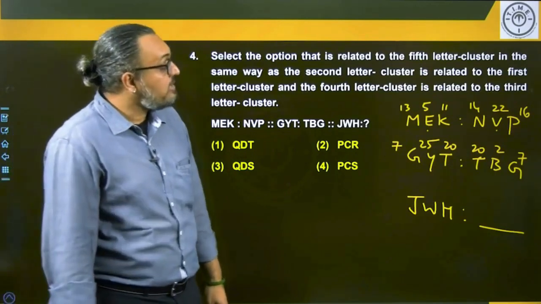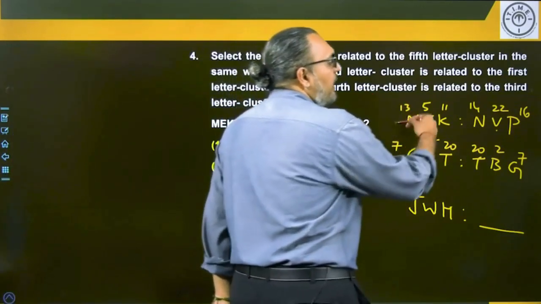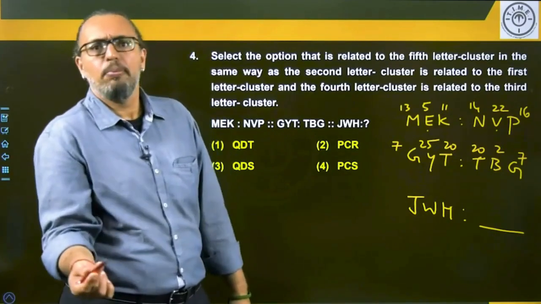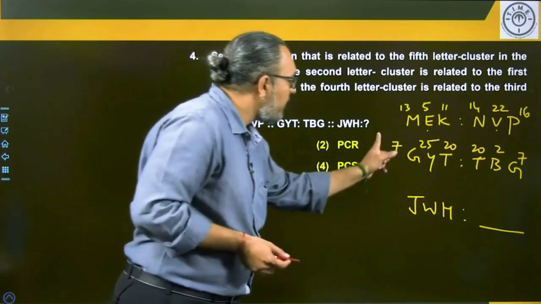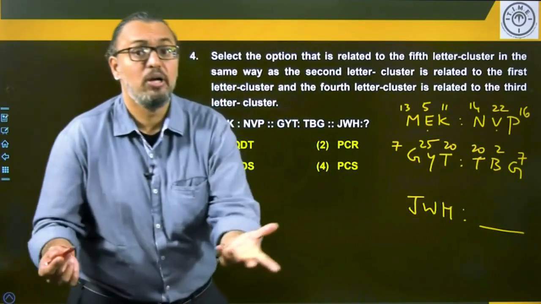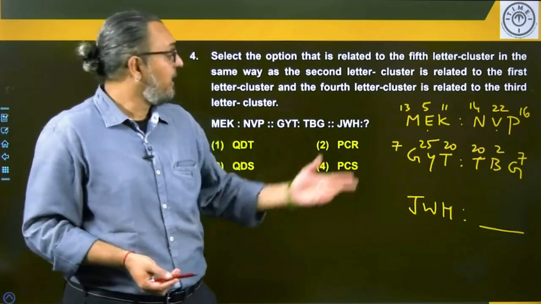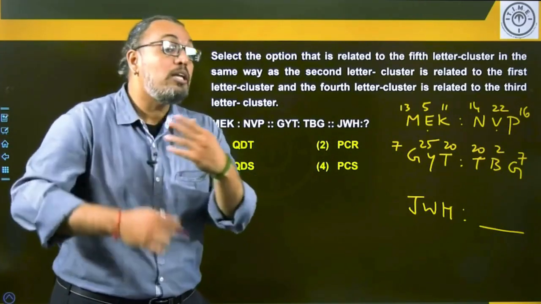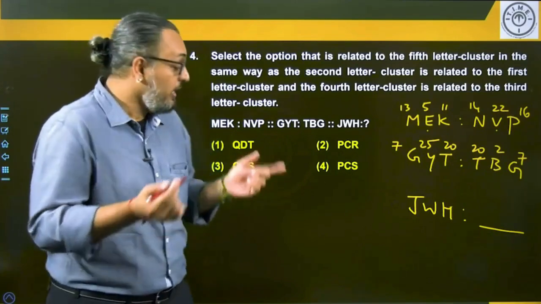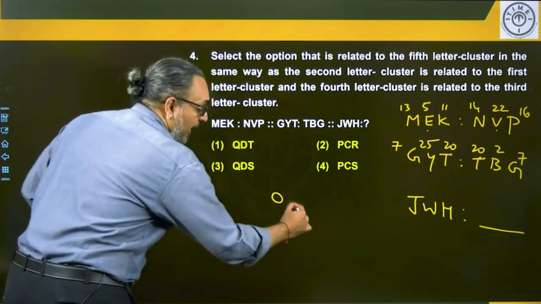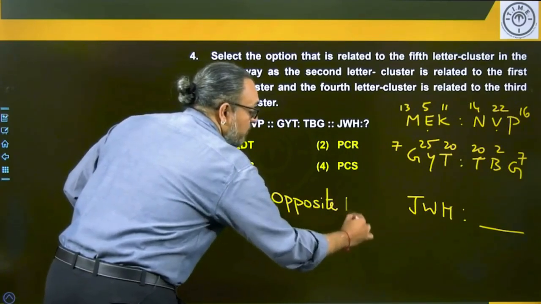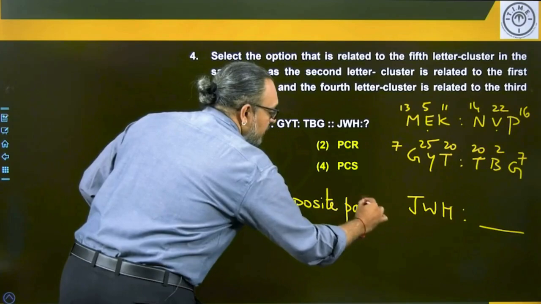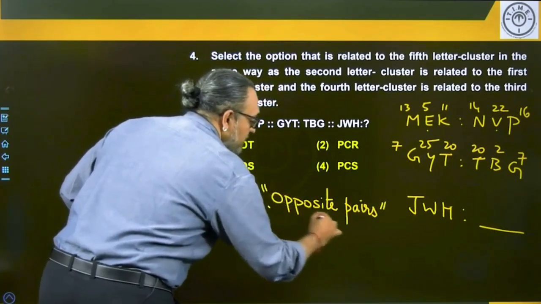Correct? Now what is it that you check? The first thing is, can I do any mathematical operation? Because now you have numbers: 13 plus 1, I am getting 14. But here 7 plus 1, do I have an 8? No, I don't have. So it's not about addition. Cannot do multiplication. Then what else can I use these numbers for? Here the logic you can identify is what we call opposite pairs.